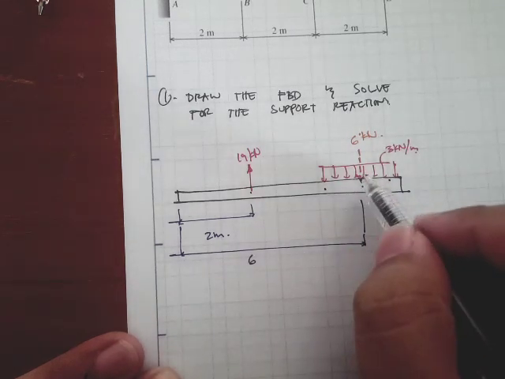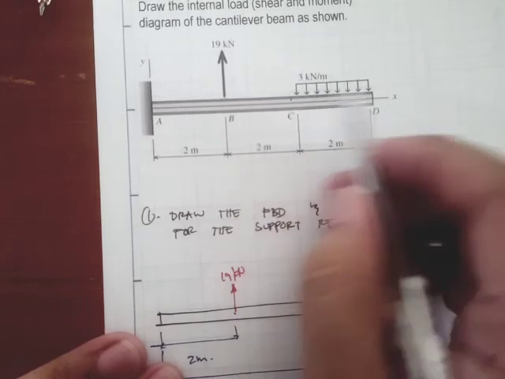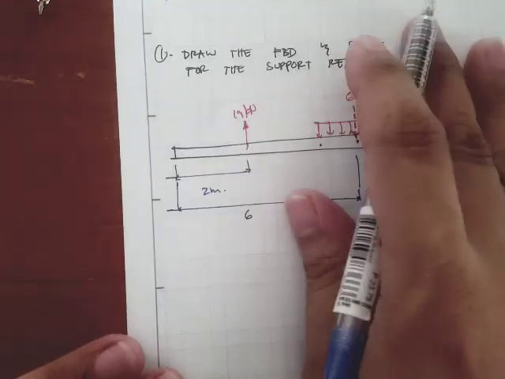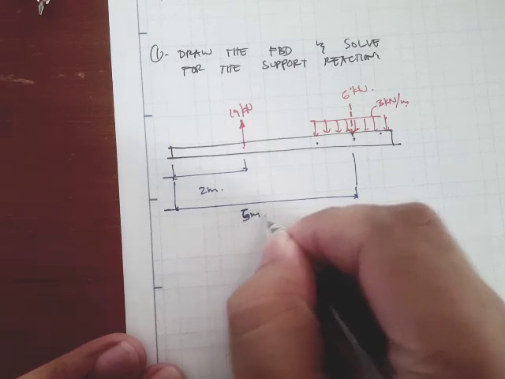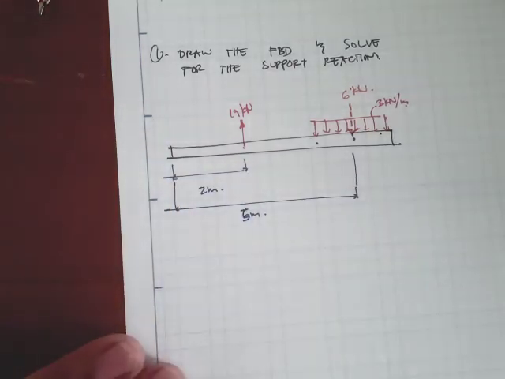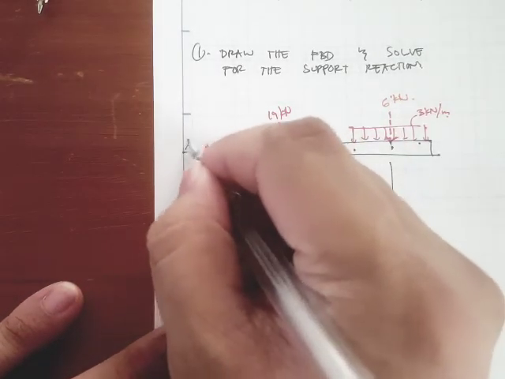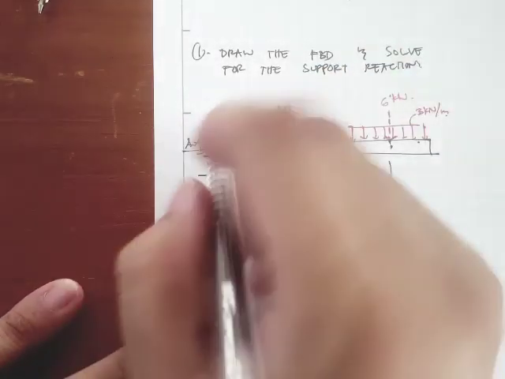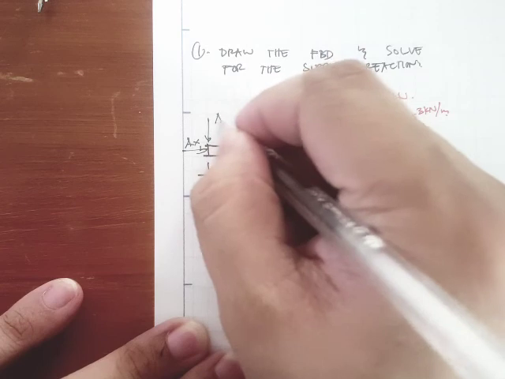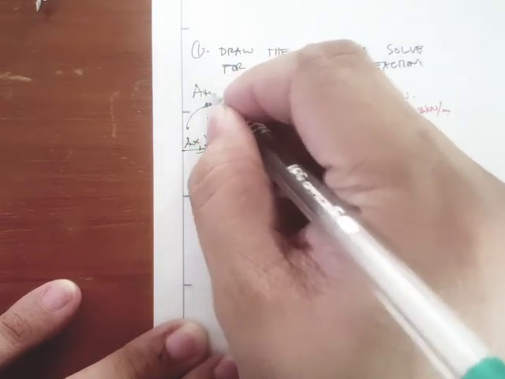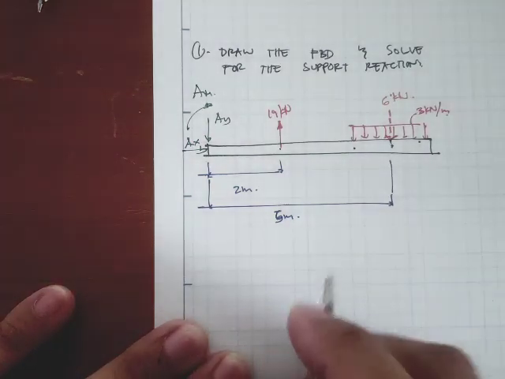Okay, so this acts along the center, or along the midpoint of this load, so that is 5 meters. And our support reactions, let's say we have AX, and we also have AY, and we also have a moment, and I'll just write A sub M for the moment.